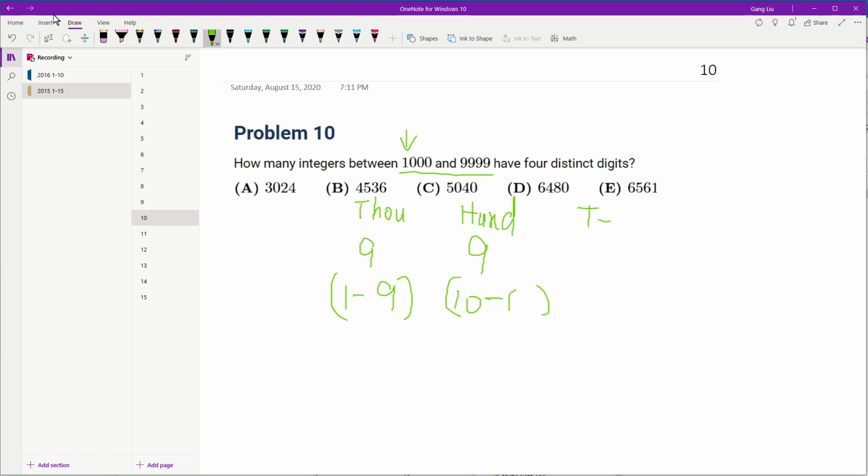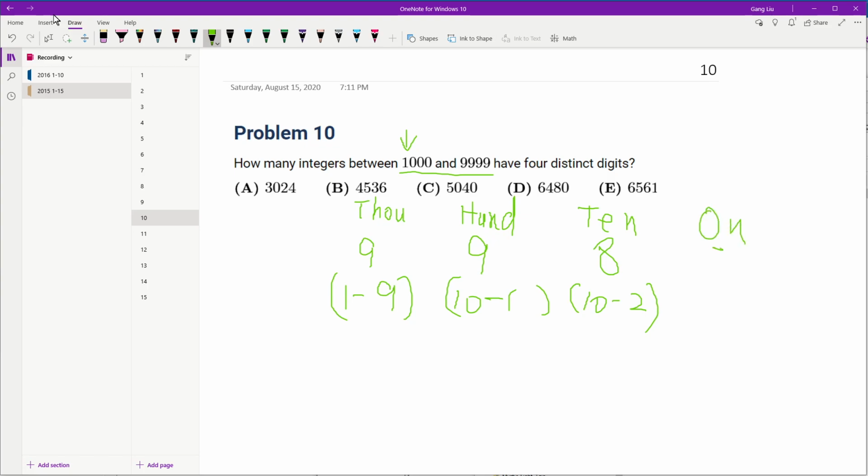And then on the 10th position we have 10 minus 2 selections, because we already picked 2 numbers. We have to avoid repeating the 1000th and 100th positions.